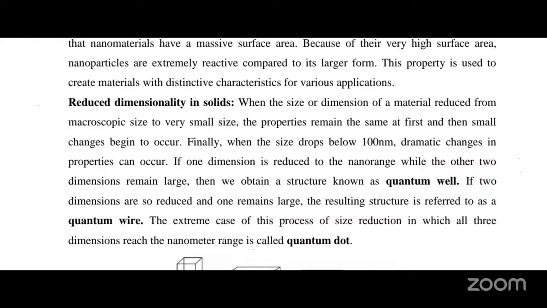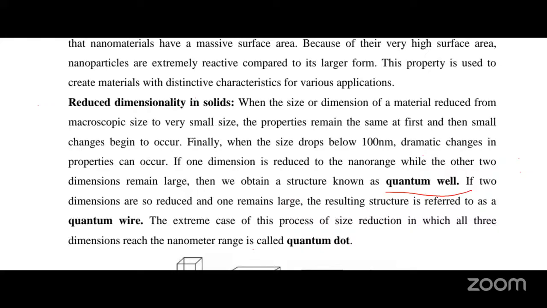If one dimension is reduced to nano range, huge changes in the properties are observed, which gives quantum wells. Only one dimension will be present in nano range. An example is quantum wells.